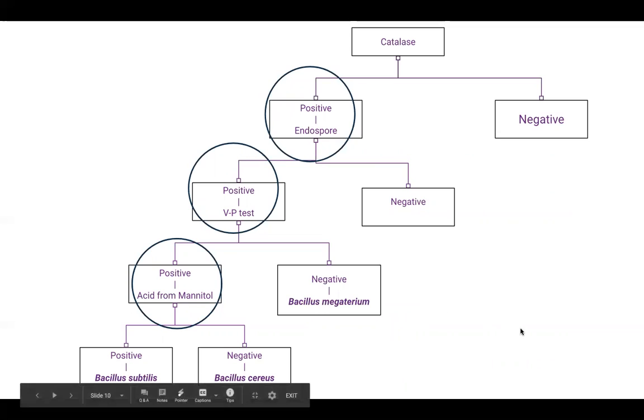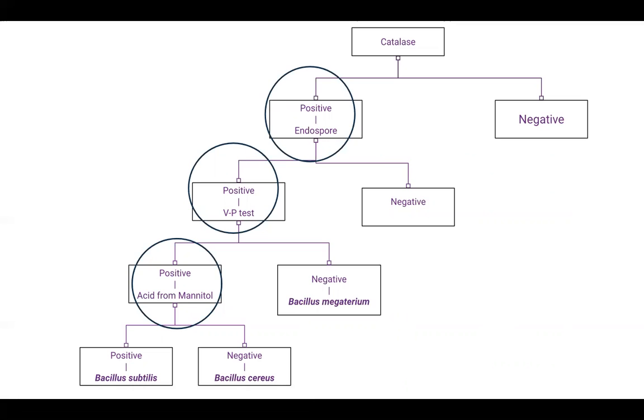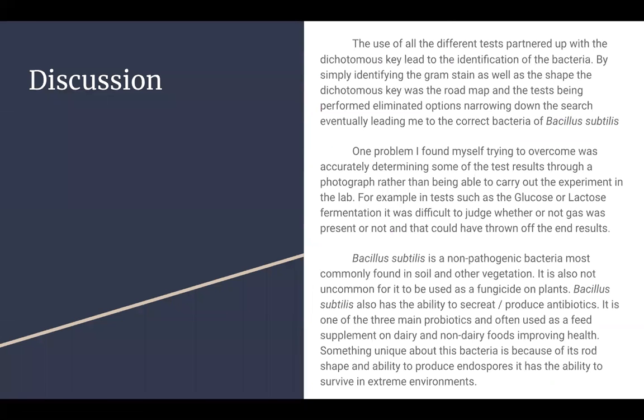And so now I was down between the Bacillus subtilis and the Bacillus cereus. Based off of this test, I was able to determine that my bacteria was the Bacillus subtilis.